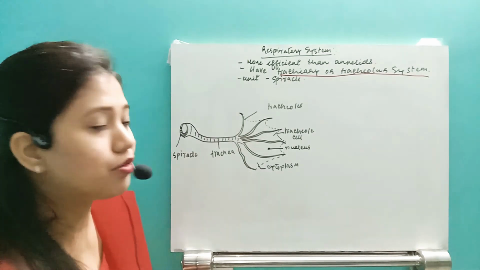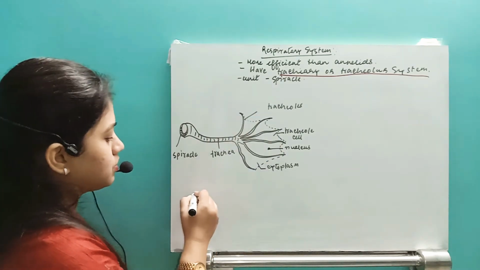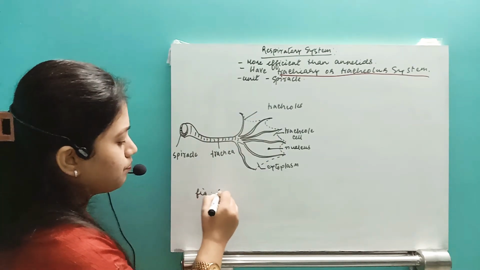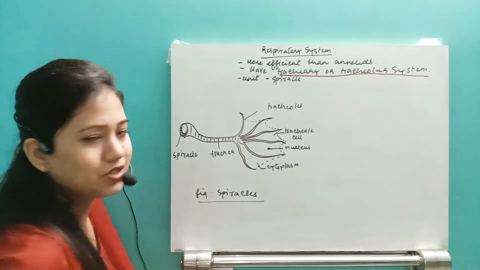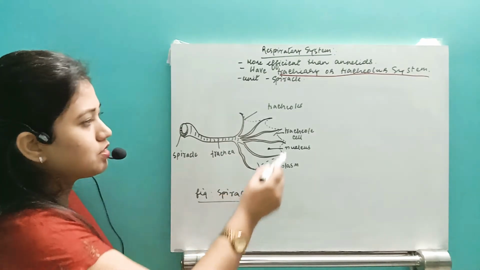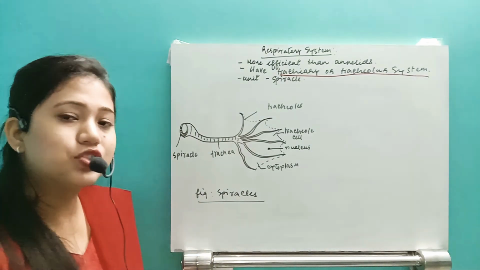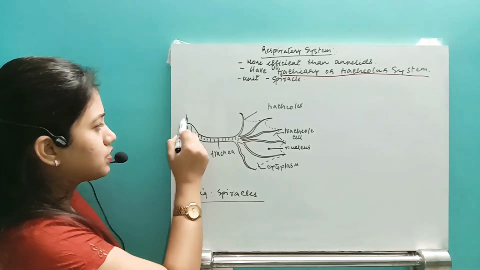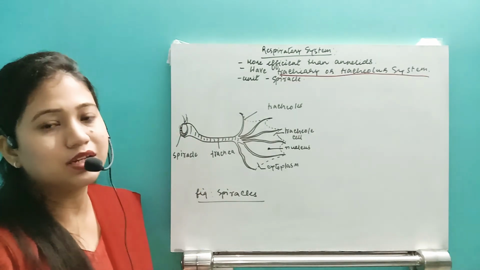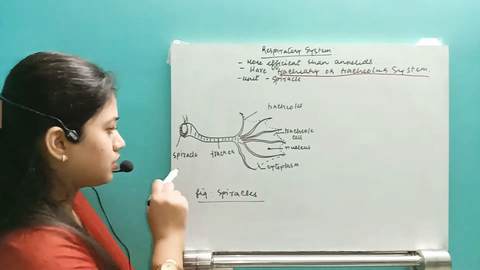So let us see how they look. The unit of the respiratory system is actually one spiracle. Now, how will the spiracles be present in their body? First of all, this is one unit of this tracheary or tracheolar system. This spiracle is going to have one hole, covered by some bristles so that dust particles cannot directly enter the spiracle.